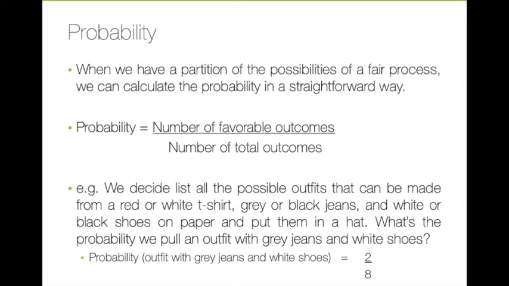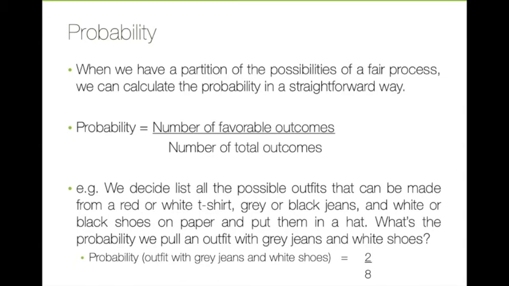So again, let's go back to one of our examples. Let's say we decide to list all of those 8 possible outfits from our red or white t-shirt, gray or black jeans, and white or black shoes, and we put them all in a hat. So we've got our 8 options in a hat. What's the probability that we pull an outfit with gray jeans and white shoes?